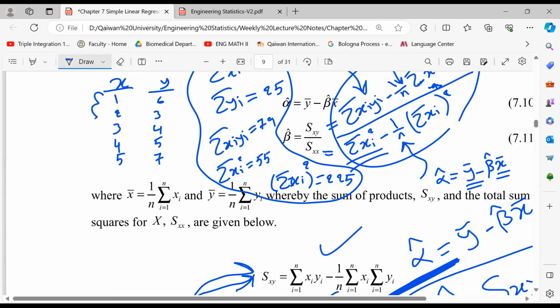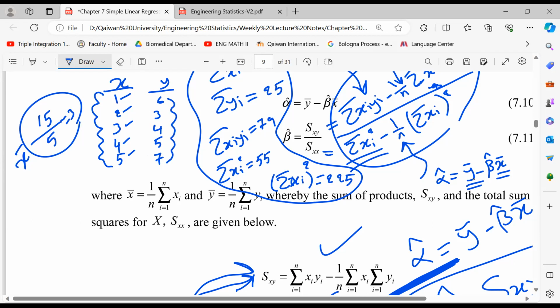X bar is the sum of all x values, 15, divided by the number of x values, 5, which is 3. And y bar is the sum of the y values, 25, divided by 5, which is 5.